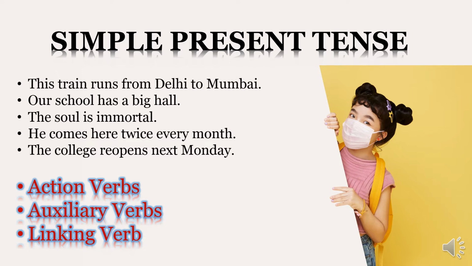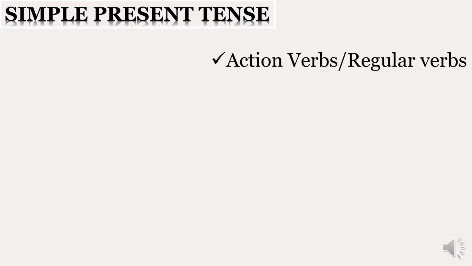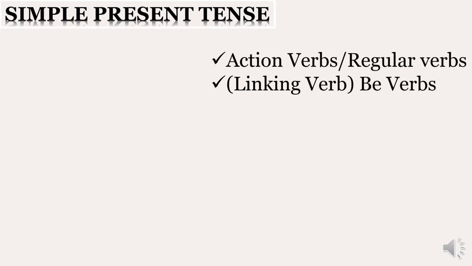That I'm gonna discuss, I'm gonna explain. So we are talking about action verbs, regular verbs. We can say action verbs or regular verbs. Linking verbs, be verbs we use as linking verbs. Auxiliary verbs we use as well.